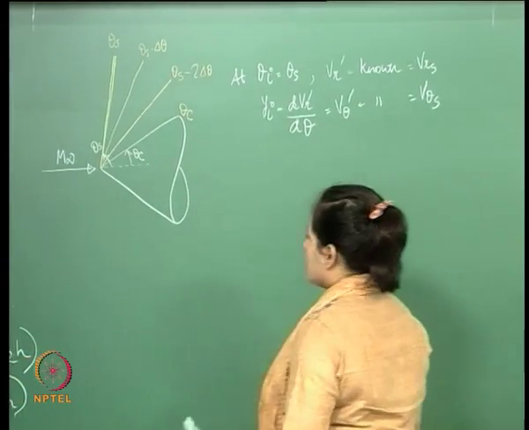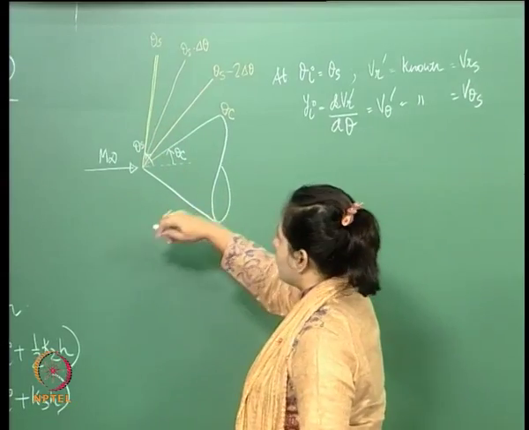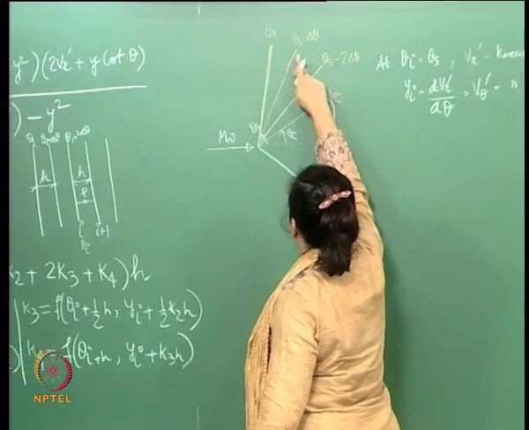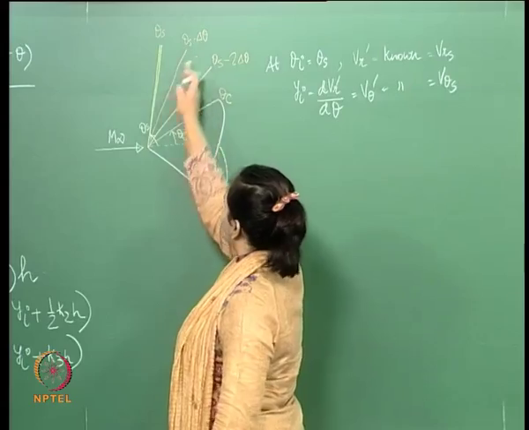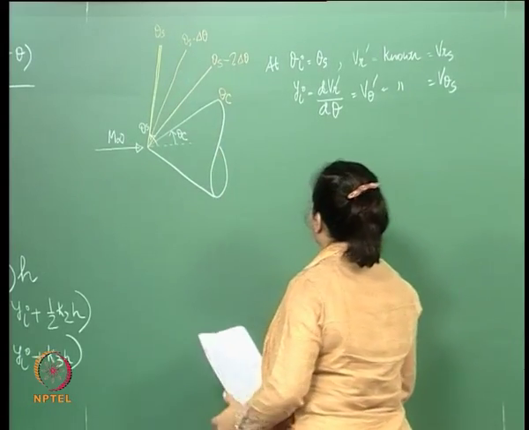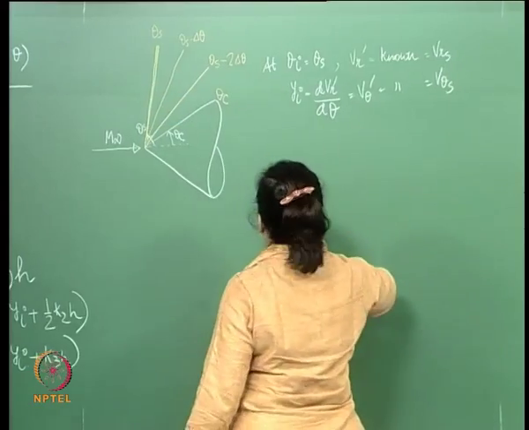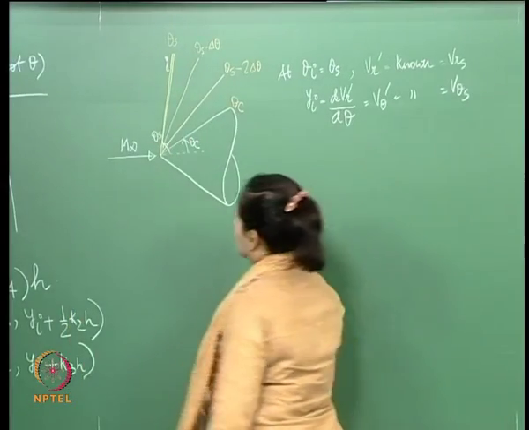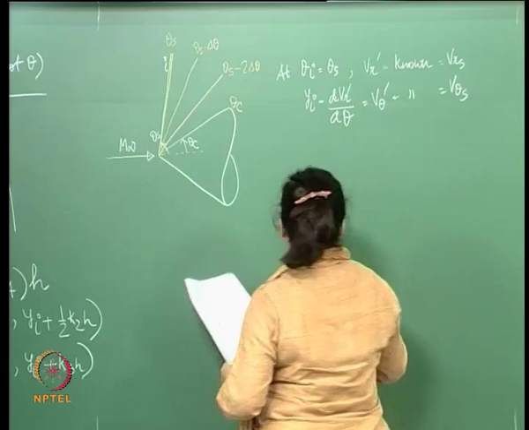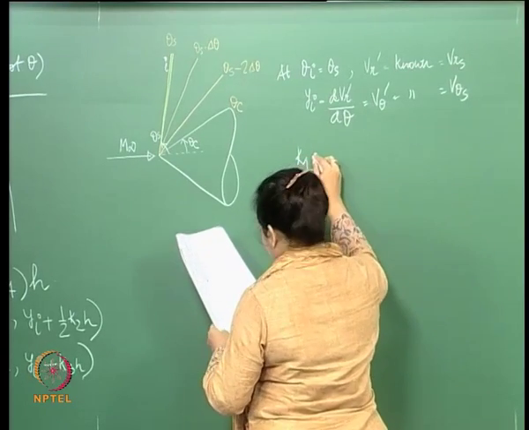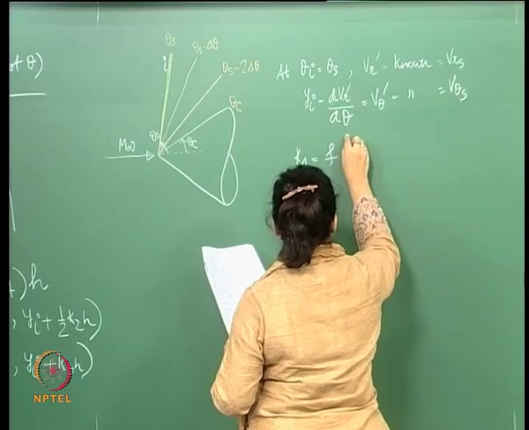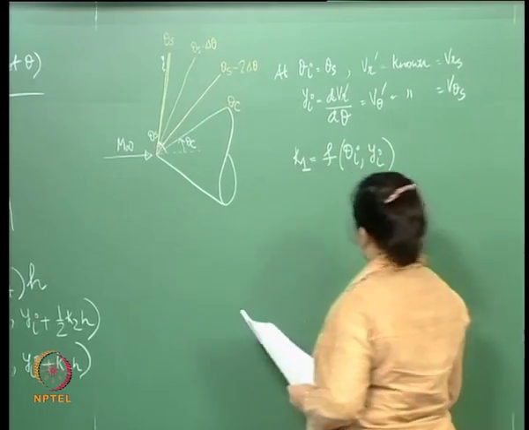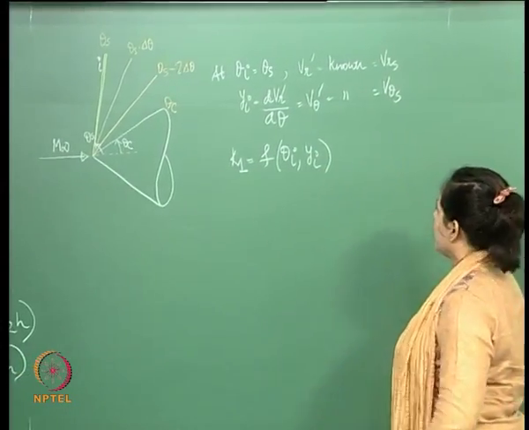So if we do this, starting here, basically what we are looking at, for example, say y I plus 1, is essentially the function value at this radial location, at theta s minus delta theta. So starting here, let's say this is my I. If that's I, then K1 is a function of this.